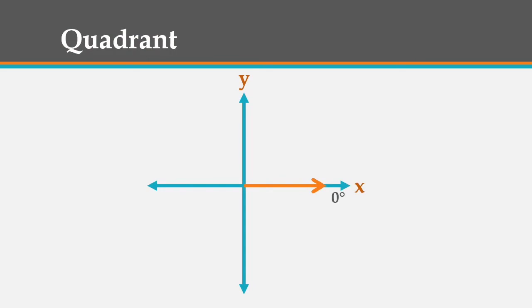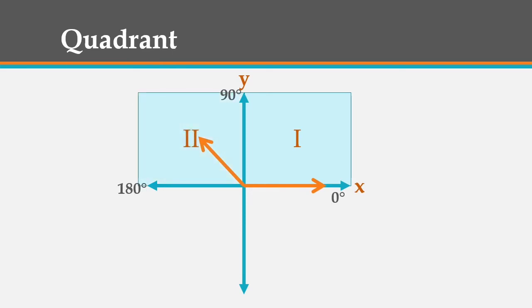So here we have an initial side of an angle being at 0. As we rotate to 90, you will see that we are in the first quadrant. As we rotate past 90 and before 180, you can see that we are in the second quadrant.